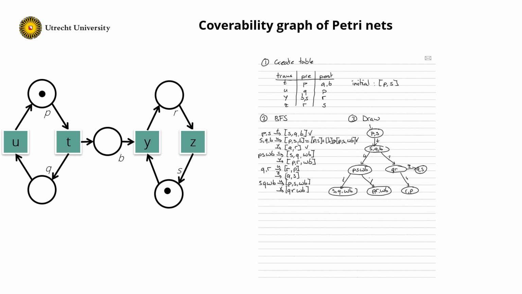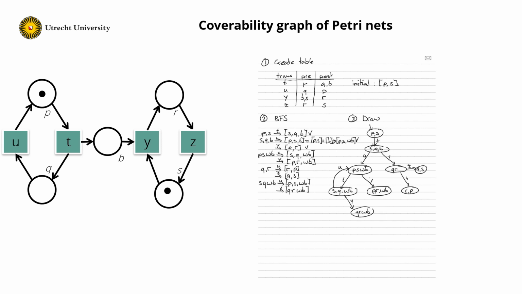So SQ omega B with a U gives me PS omega B. That's this existing state over there. And QR omega B does not exist yet. So let's add it, QR omega B. And I'll fire transition Y to get there.